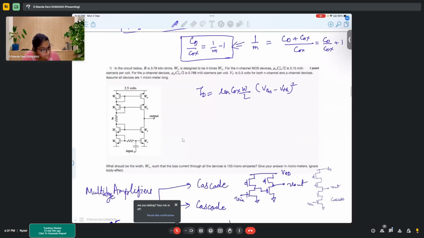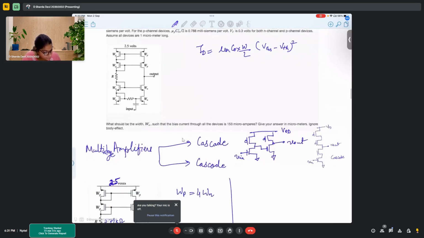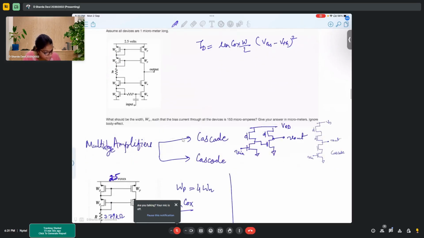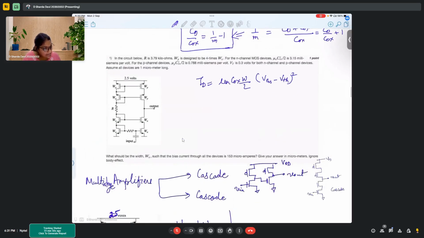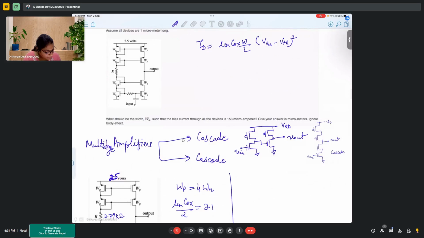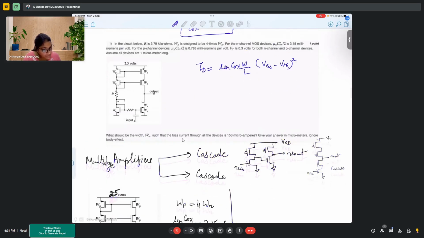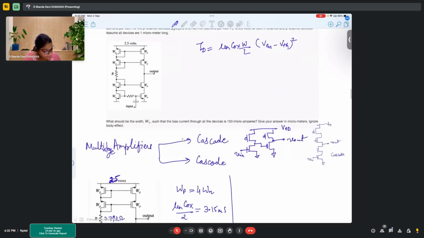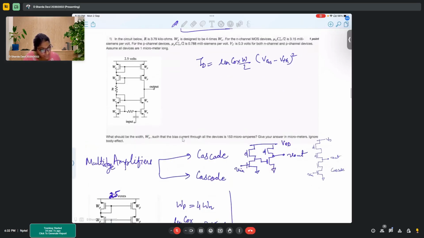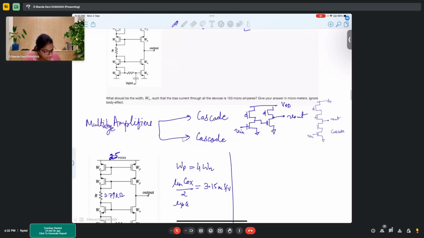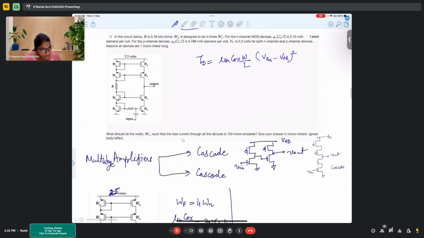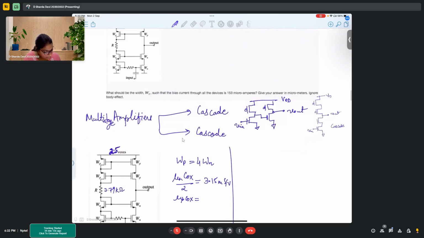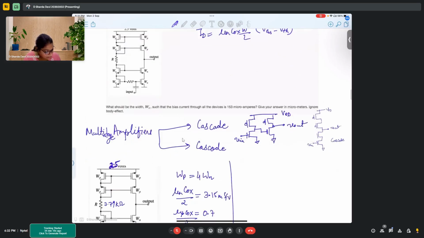And mu_n Cox by 2 is 3.15 meters per volt. And for the p-channel, mu_p Cox is 0.7 meters per volt.